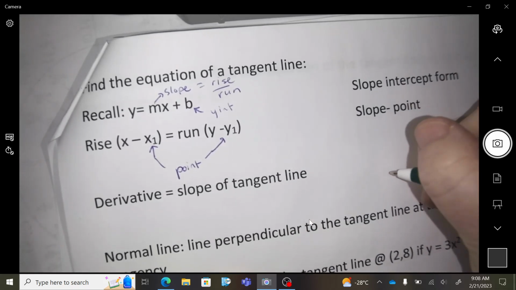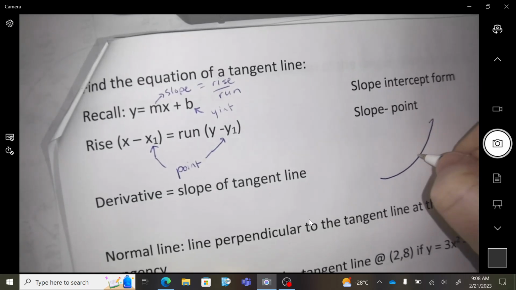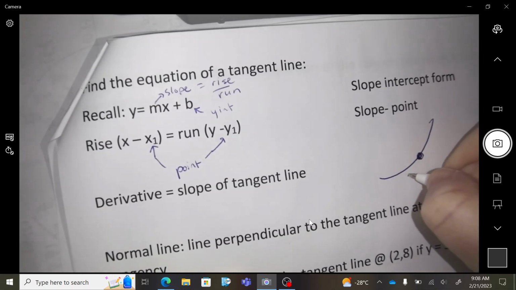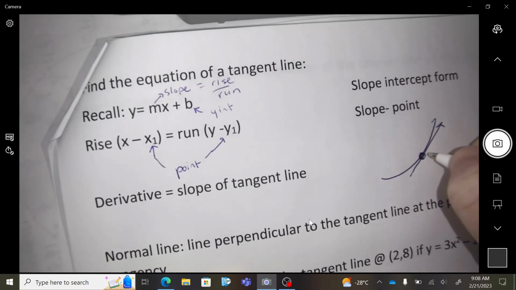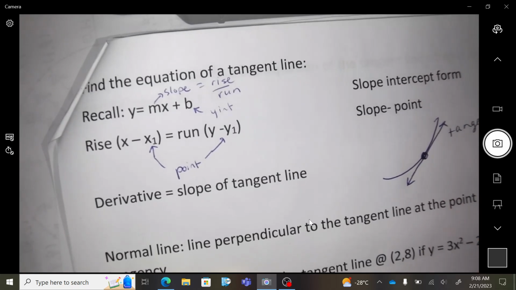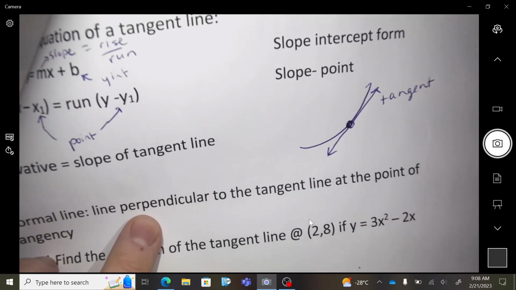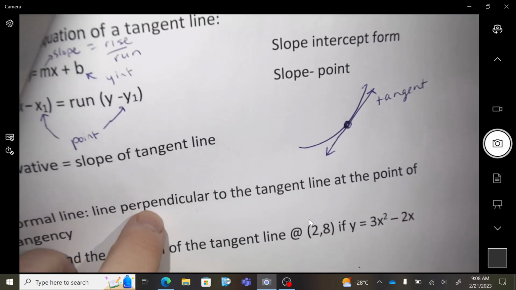So let's pretend I'm on a curve and I'm here. This would be called the tangent line on the curve. Okay, the tangent line touches it in one spot.